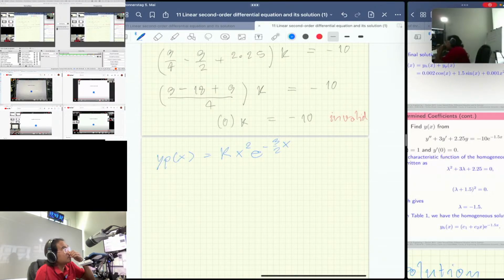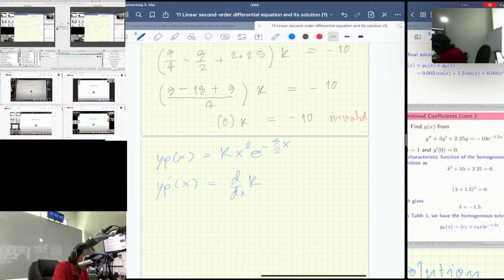Now we need to find y prime p x, which is the differentiation of that term, k x squared exponential negative 3 by 2x.